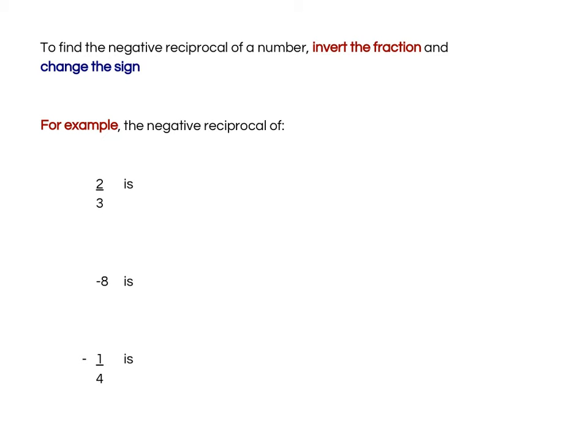All right, so when I look at 2/3, if I want the negative reciprocal, I'm going to say that the perpendicular slope to that is going to be not just 3/2, but negative 3/2. So I flip it upside down and I change the sign. In the case where I have a number that is a whole number not written as a fraction, I need to remember that any value can be written as a fraction over 1.